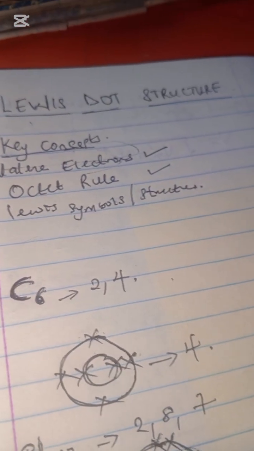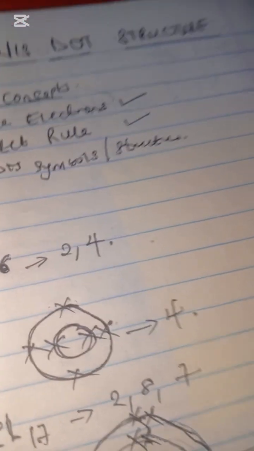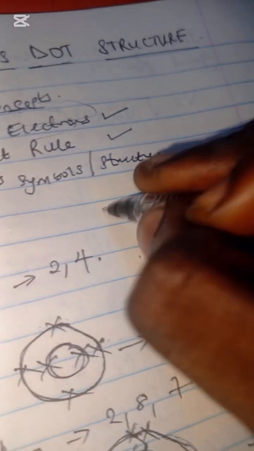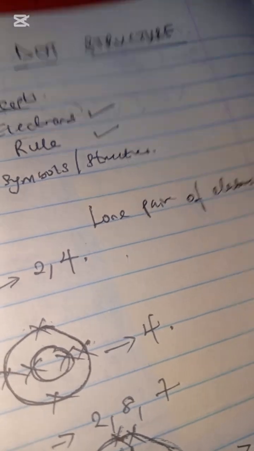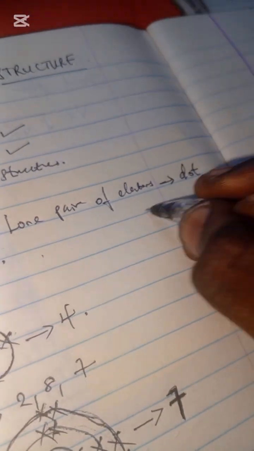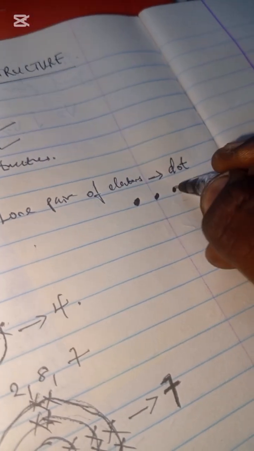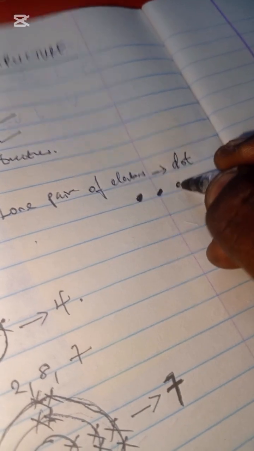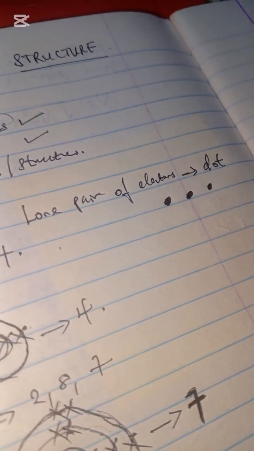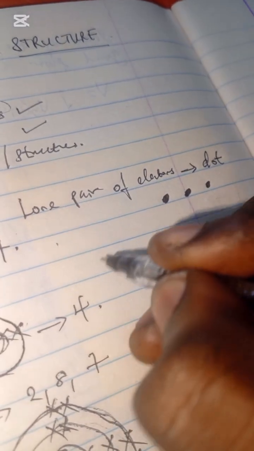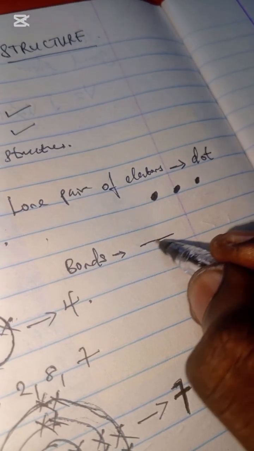In the Lewis symbol, we denote lone pairs of electrons with dots, or the valence electrons are denoted with dots, while we denote covalent bonds with a line.